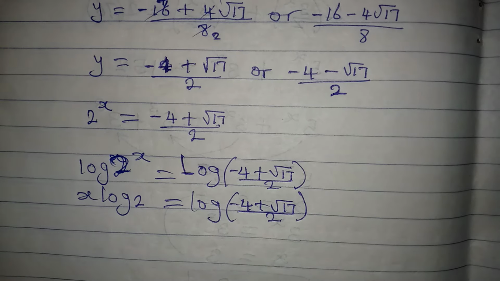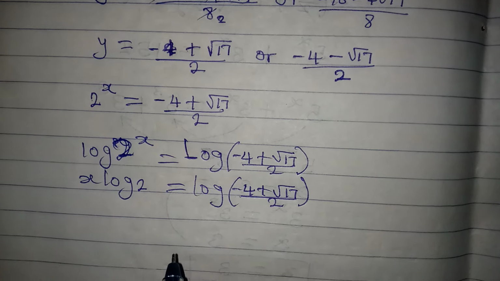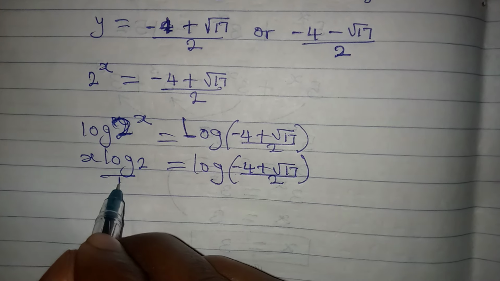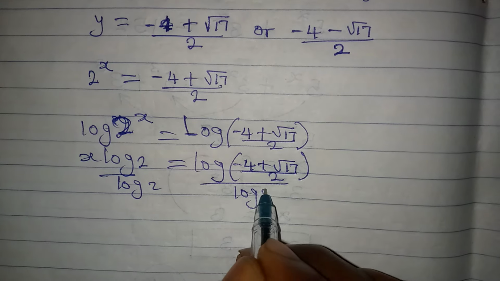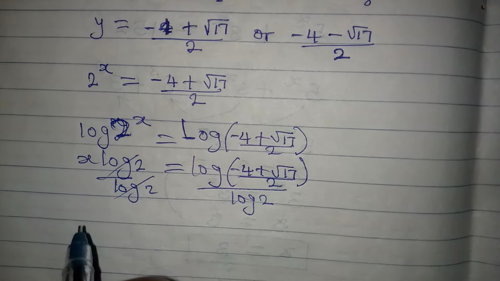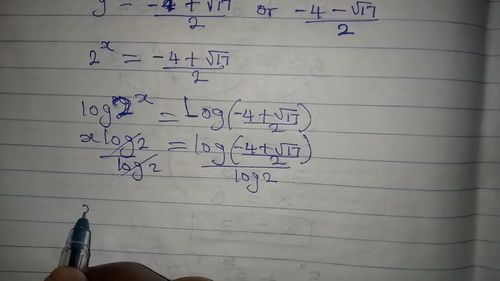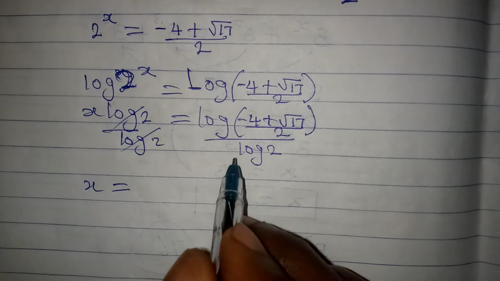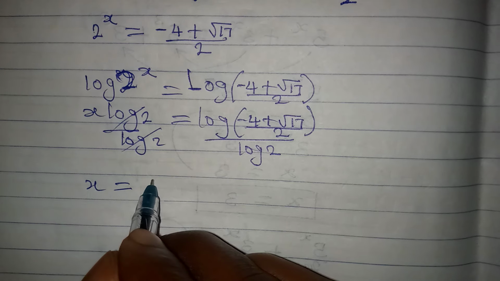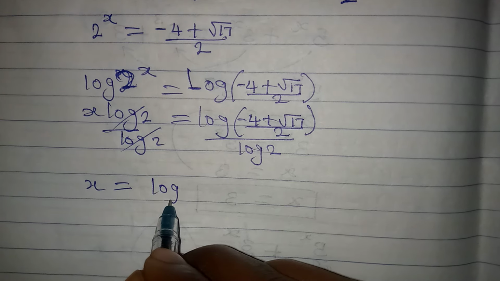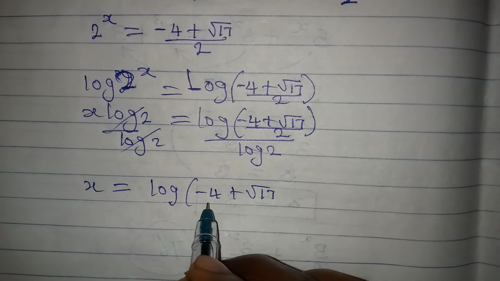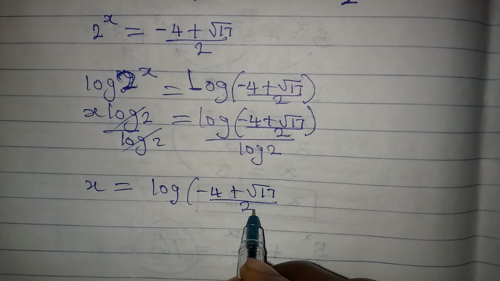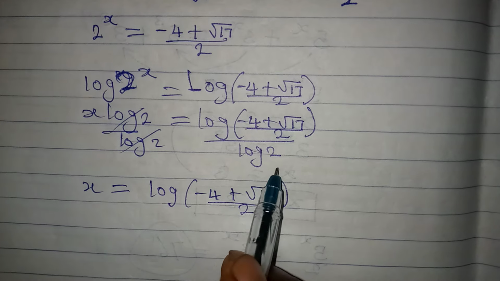And then to get the value of x, we'll divide both sides by log 2. Then divide the whole of this by log 2. This cancels this, and then we have x to be equal to this. Okay, so we have log of minus 4 plus root 17 over 2 divided by log 2, right?